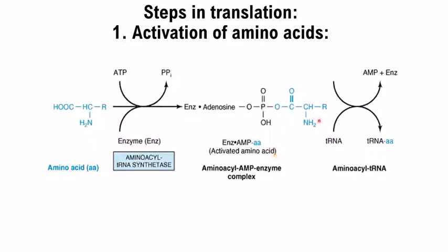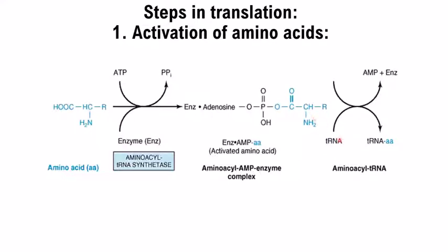From this complex, after interaction of a tRNA molecule with this amino acid AMP enzyme complex, the amino acid is attached to the tRNA molecule. So initially, a tRNA molecule will interact with this amino acid AMP complex.